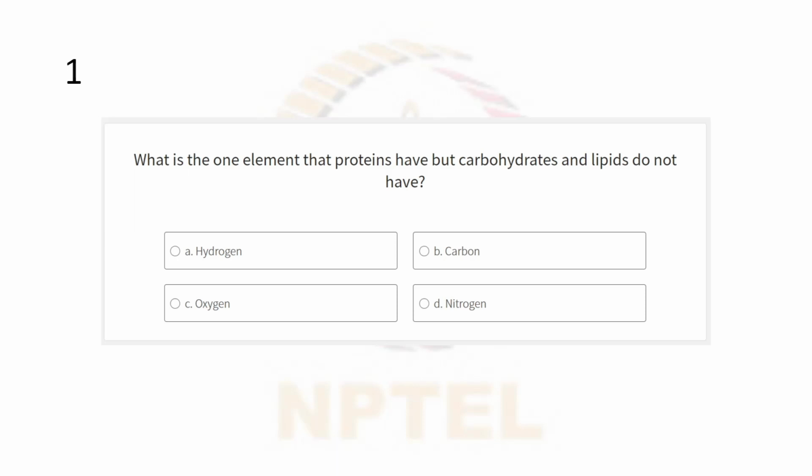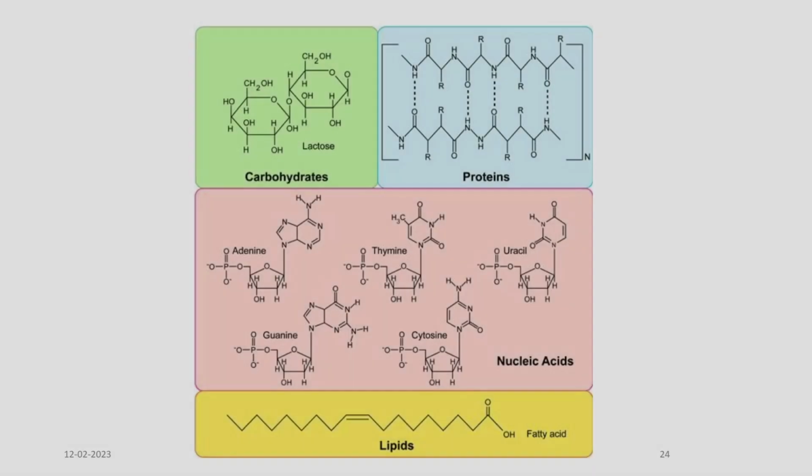So we have learned proteins, carbohydrates, lipids, and nucleic acids as the biological macromolecules, which are made up of carbon, nitrogen, oxygen, and hydrogen. But still, they have their internal differences in having these biological atoms. Proteins have nitrogen, but carbohydrates and lipids do not. Let's look into some structural images. In carbohydrates, we see only the carbon group, hydrogen group and the oxygen group.